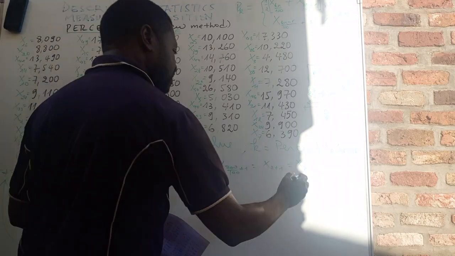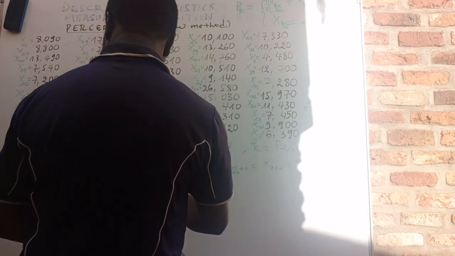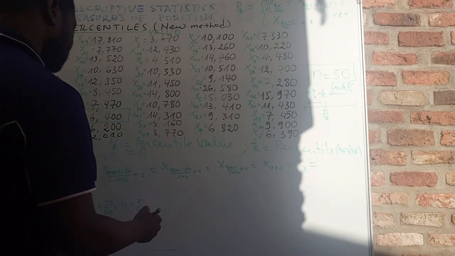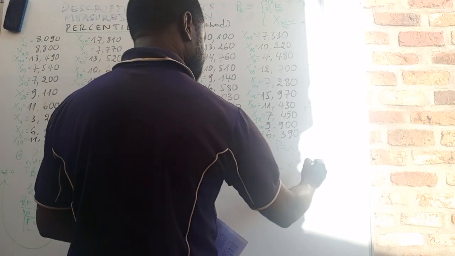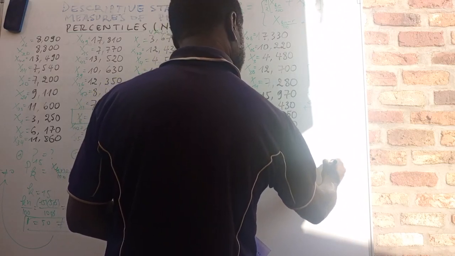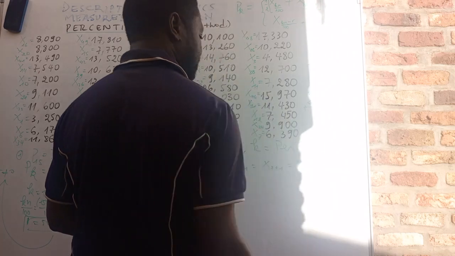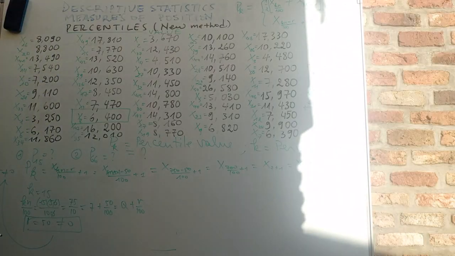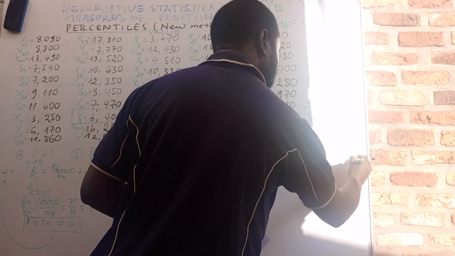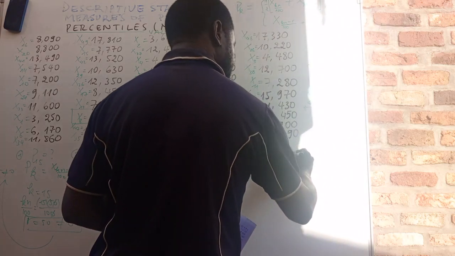So which means that the percentile value p15 is equal to 6,400. Okay, this is exactly equal to p15.